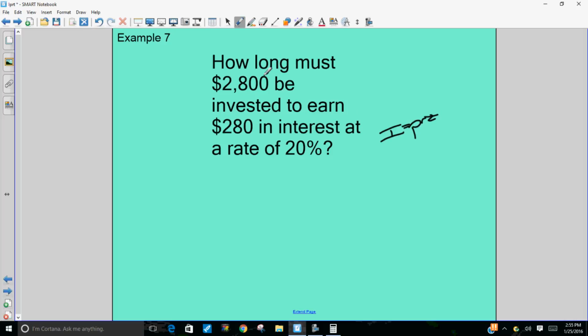Alright, how long must $2,800, so that's our principal, be invested to get $280 in interest, or I, at a rate of 20%, that's our R. So I have the P, the I, and the R. Plug these in, solve this problem. You need to go back and look at an example. There's one like this.